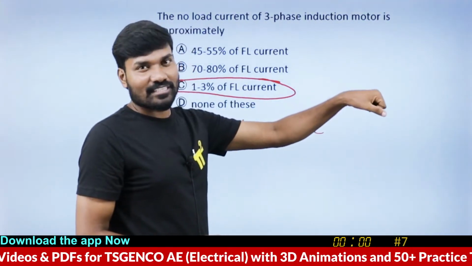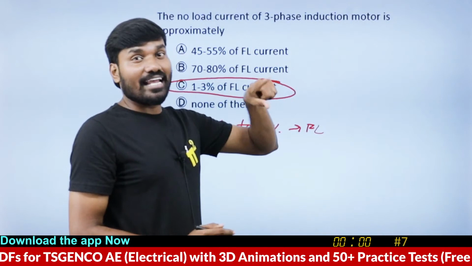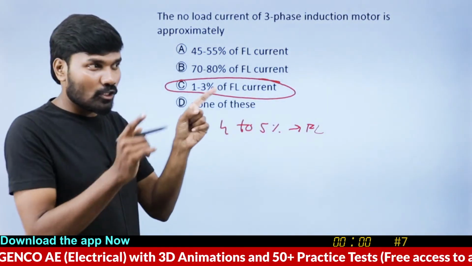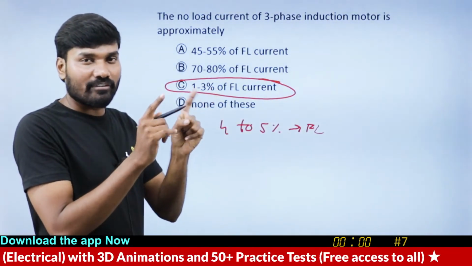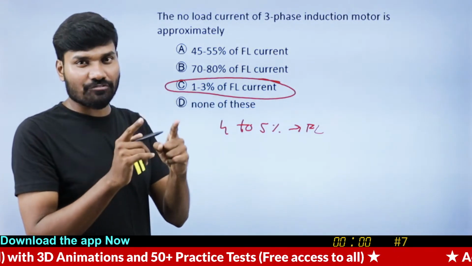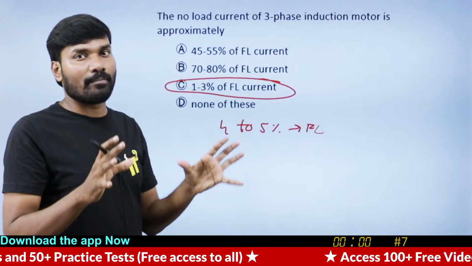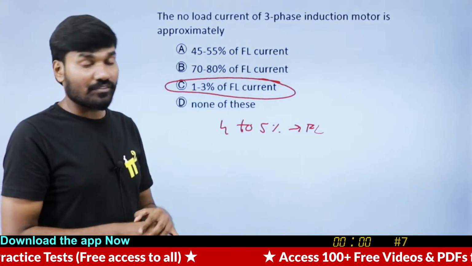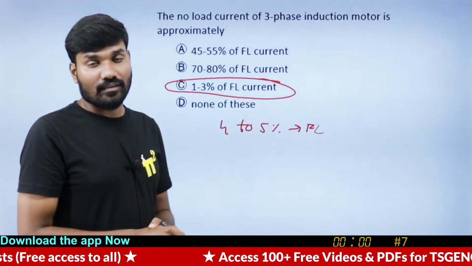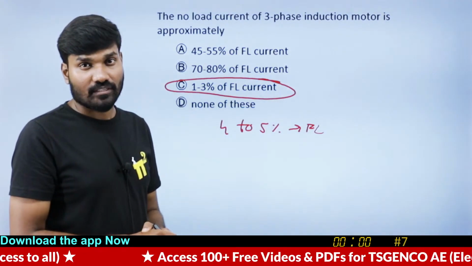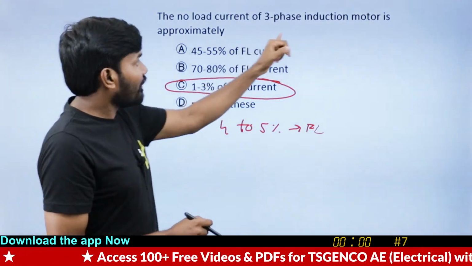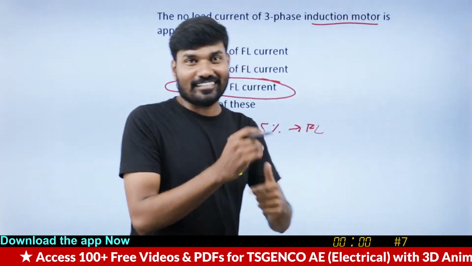Just now in the previous question I said, because of the air gap between two circuits, between two windings. In a transformer, there is no air gap. It is completely filled with one common magnetic circuit, which is of good permeability. But in case of an induction machine, it's a rotation, right?